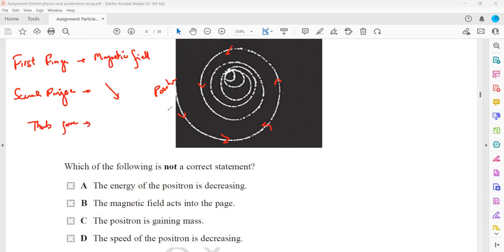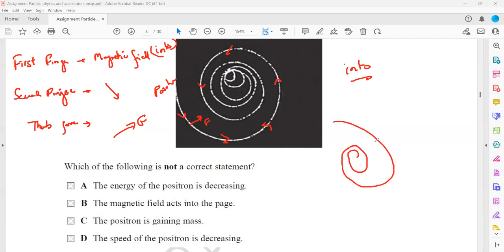In this case, the particle is deflecting in this manner, so that is the direction of force. When you apply the rule, we don't know if the magnetic field is in or out. We know it is perpendicular, so it can be either in or out, but we don't know which. So when we apply the index finger into, and the second finger represents the direction of the particle, the thumb is pointing in this manner. So this confirms that the magnetic field is into. Otherwise, if the magnetic field was out, then the particle should deviate the other way.